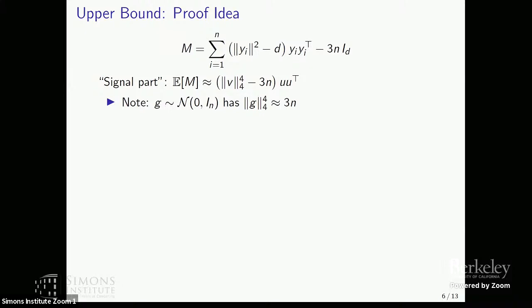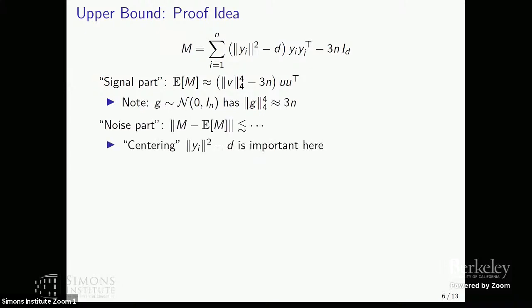So this term is measuring how much the 4 norm of our vector differs from that of a random vector. If this is big, either positive or negative, that's good for us. It'll either give us a big positive eigenvalue or a big negative one.